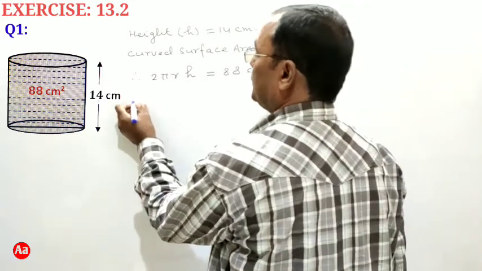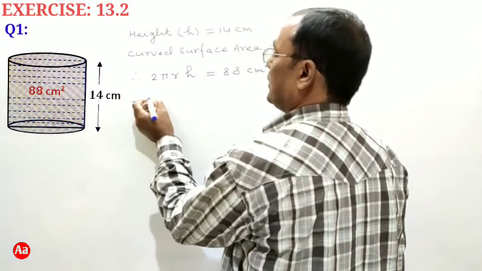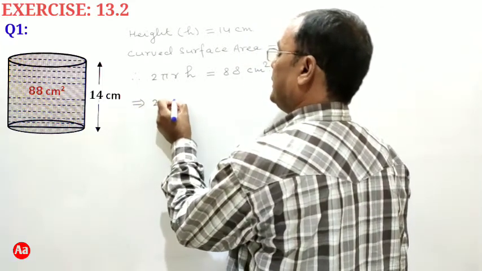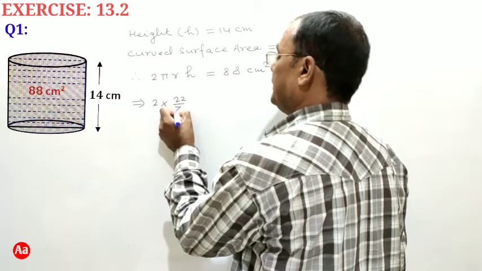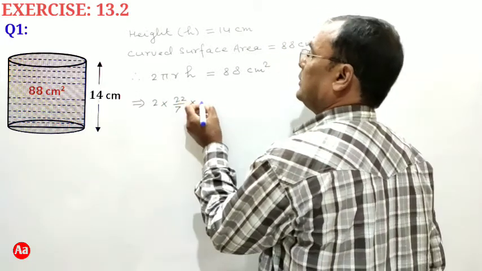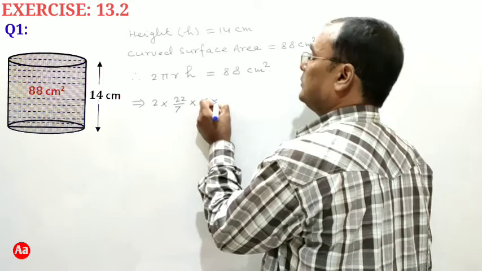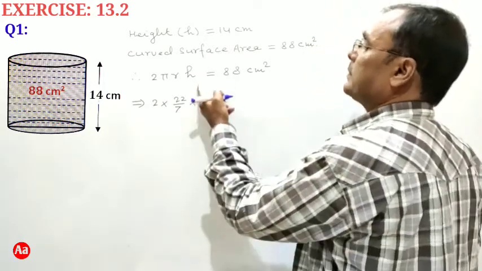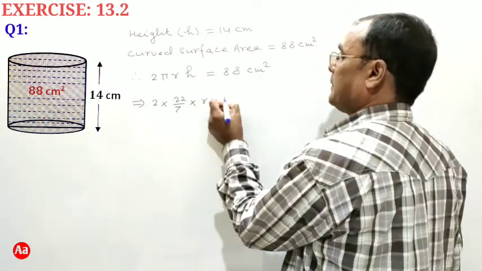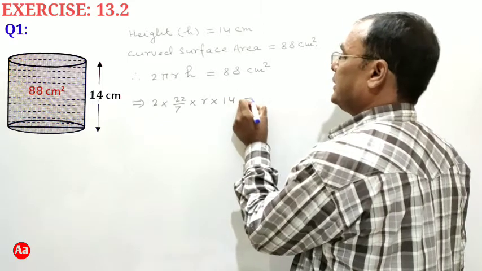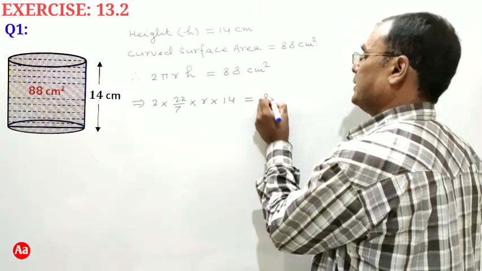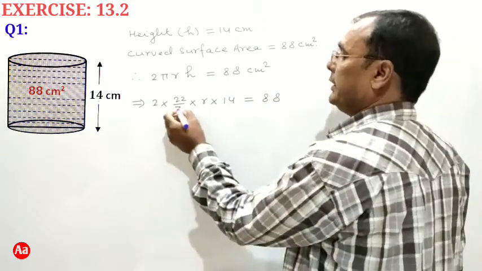Now let's put values of pi 22 by 7, radius r we have to find, and height 14 centimeter in this expression, which is equal to 88.